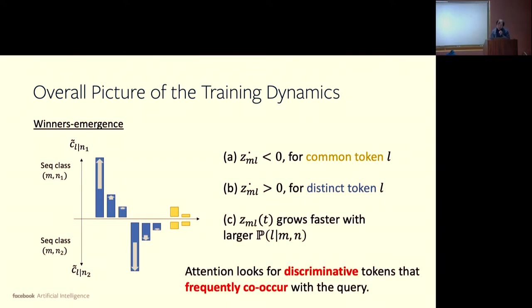You may use that to do better document classification. Furthermore, we can quantify the growth rate of the attention scores. Z, which is one element of the self-attention matrix, is a function of time. It grows faster with a larger conditional probability given the sequence class.